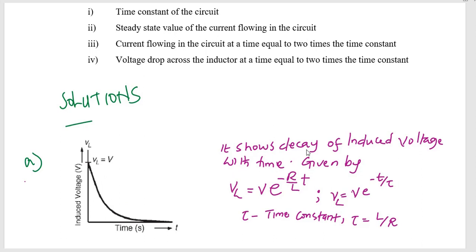This curve shows decay of induced voltage with time and is given by the equation VL equal to V e to the power negative R over L times t, which is equal to V e to the power negative t over tau, whereby tau is the time constant given by L over R.